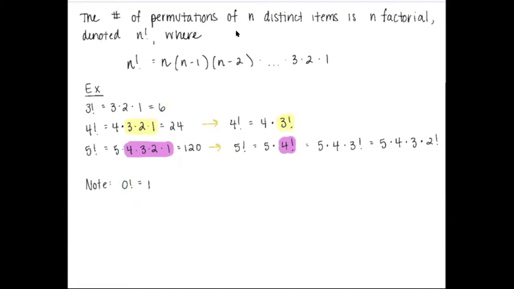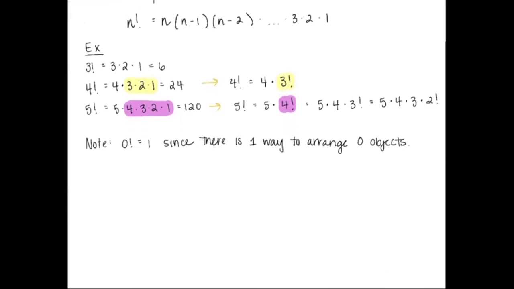There's one way to do that, you don't. So 0 factorial is equal to 1, since there is one way to arrange 0 objects. Okay, so it fits in with our pattern, right?